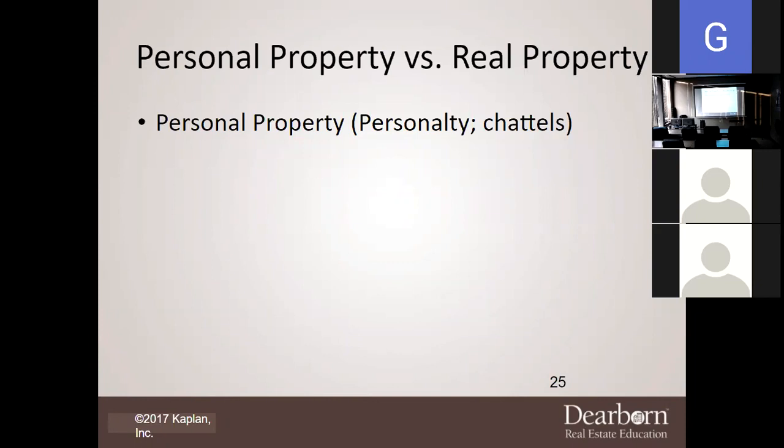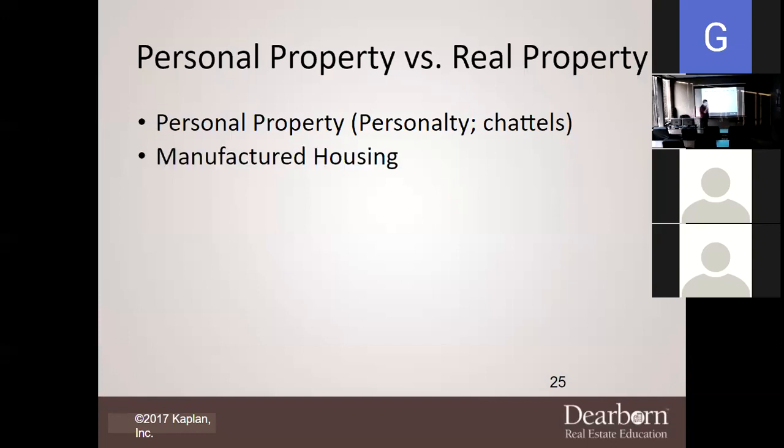Well, let's take this wall with us. So what is it? It's attached. We're going to talk about that in a minute. But you need to know the difference between personal and real property.